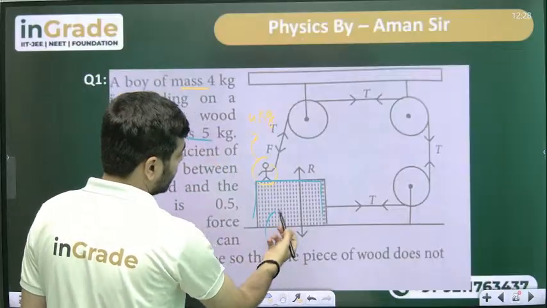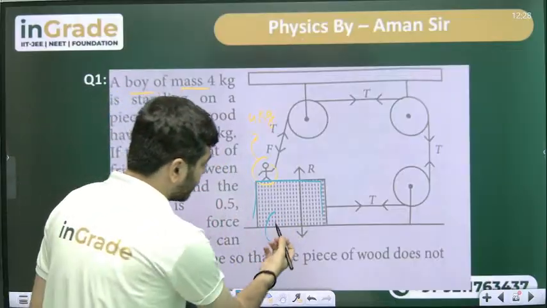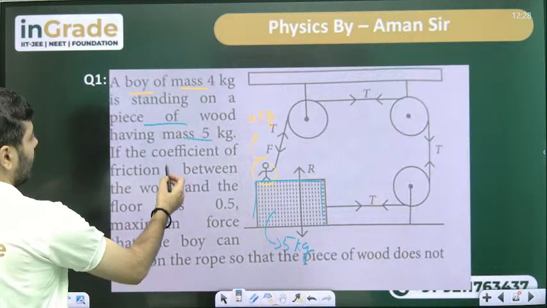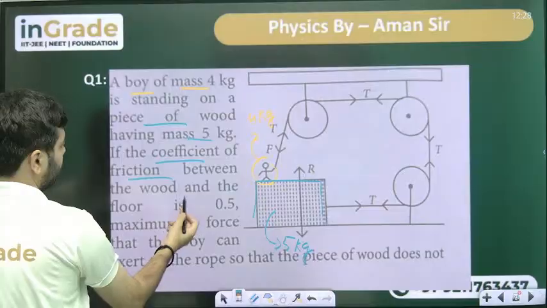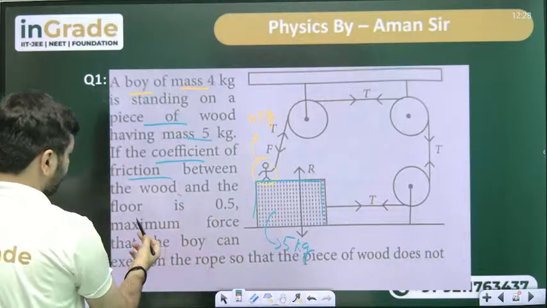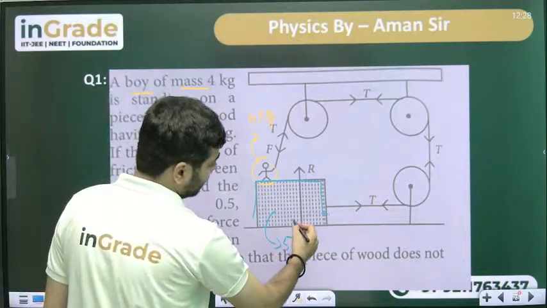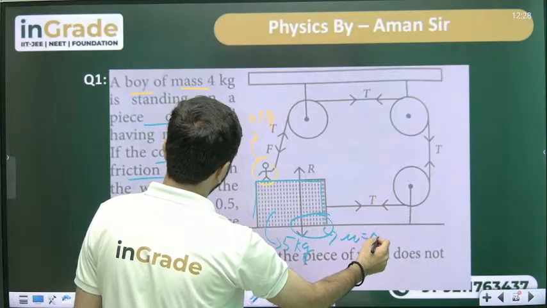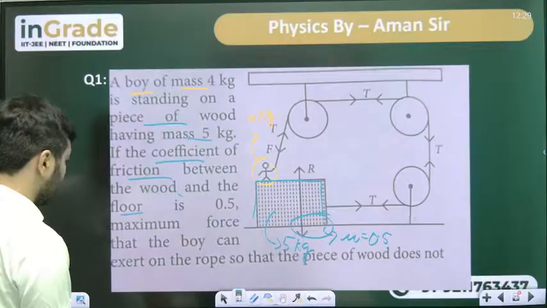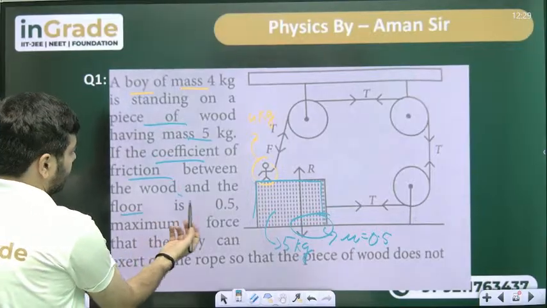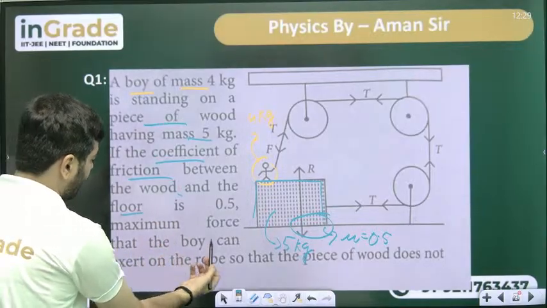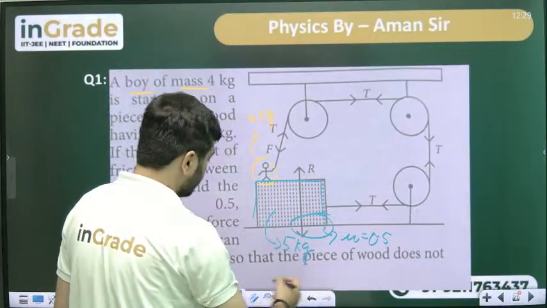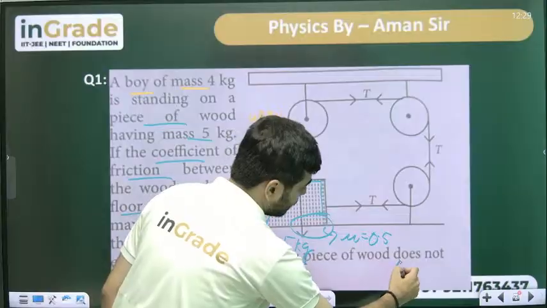It means the piece of wood is 5 kg mass. The coefficient of friction between the wood and the floor, meaning in this part, will be mu equals 0.5. Find the maximum force that the boy can exert on a rope so that the piece of wood does not move.